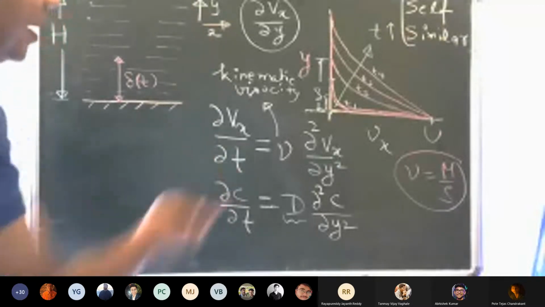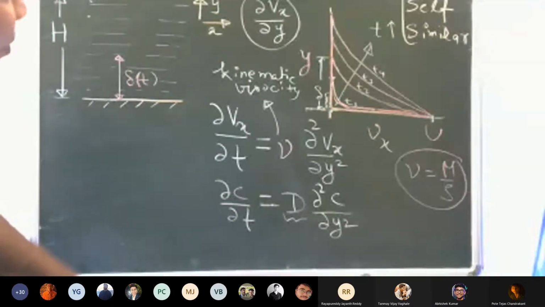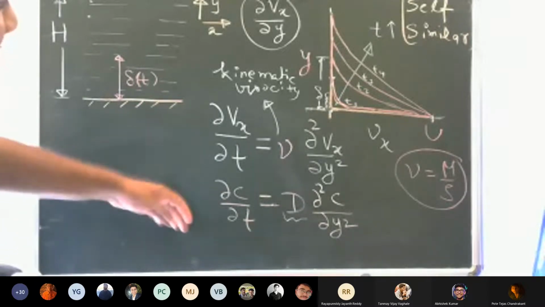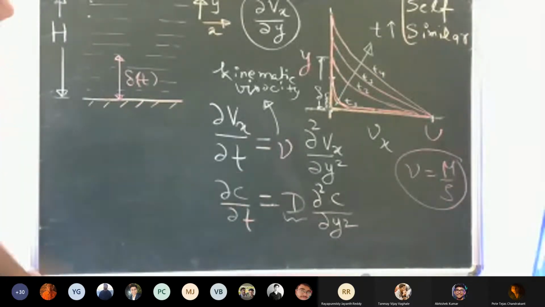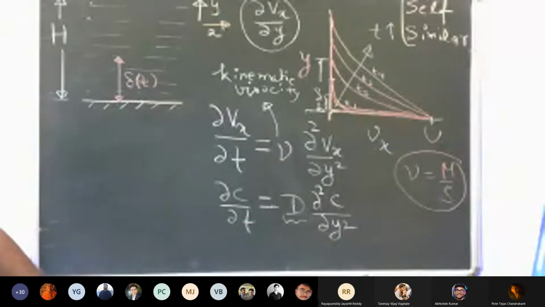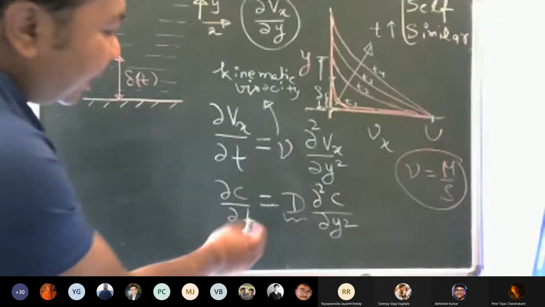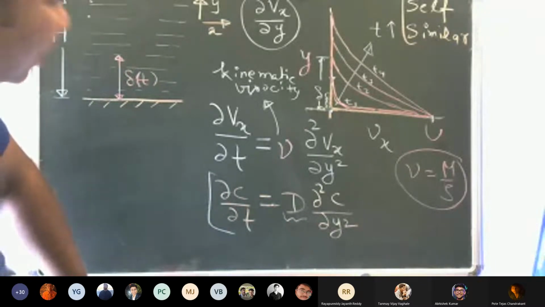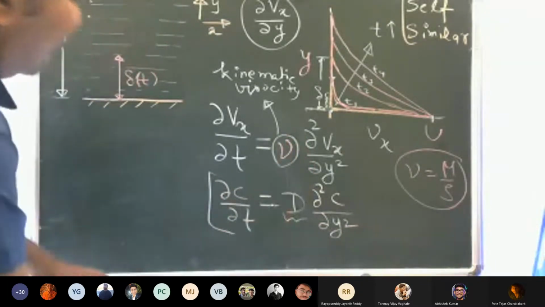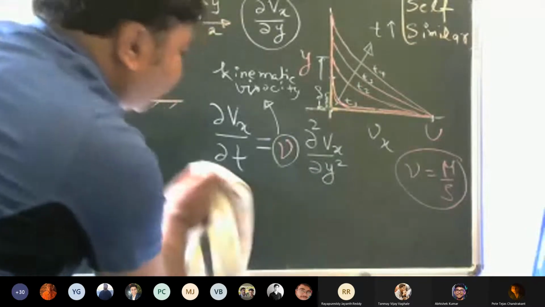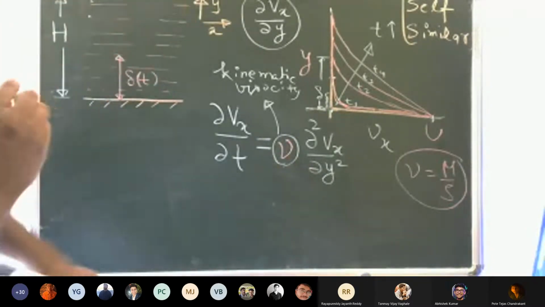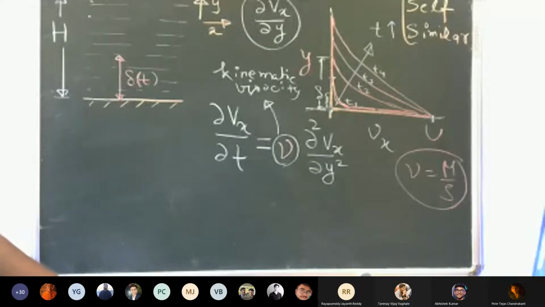These both equations are identical in the sense that the physical quantities we are dealing with are different, but the only thing is that there are different variables and different constants. So, taking the analogy from this mass transfer equation, this is very well known as, I'll remove this, and you can make a guess what we should call it. Nu, if someone knows already.